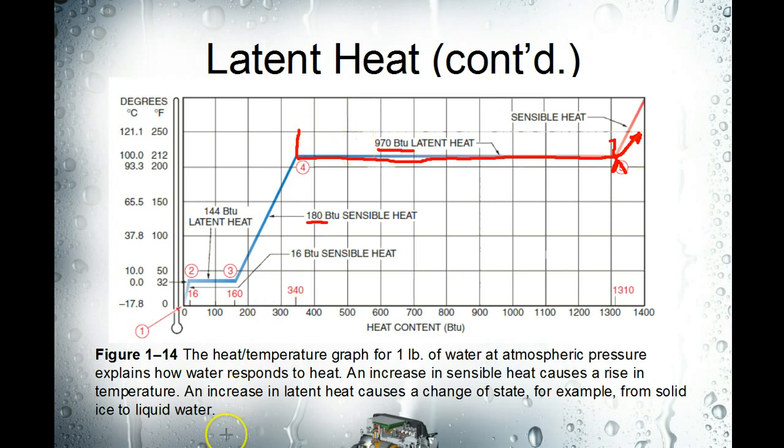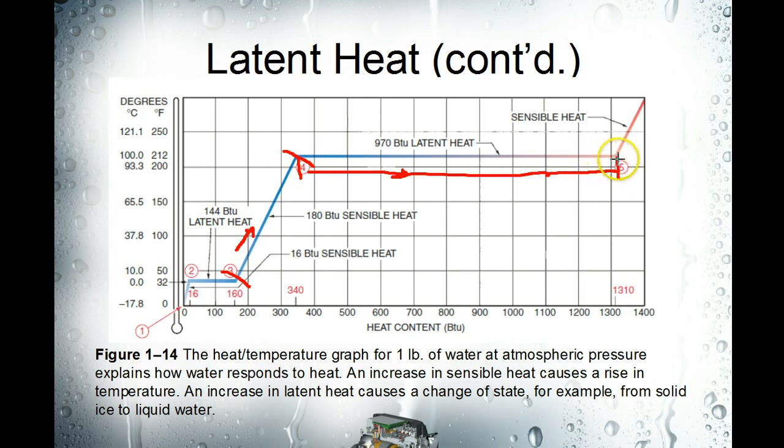So down here, let me erase this. Down here, when we're in the liquid form, we're raising the temperature. It's not changing state. Then we get to the latent heat stage. This is where it's boiling off and it's changing state all the way until it's completely vapor.